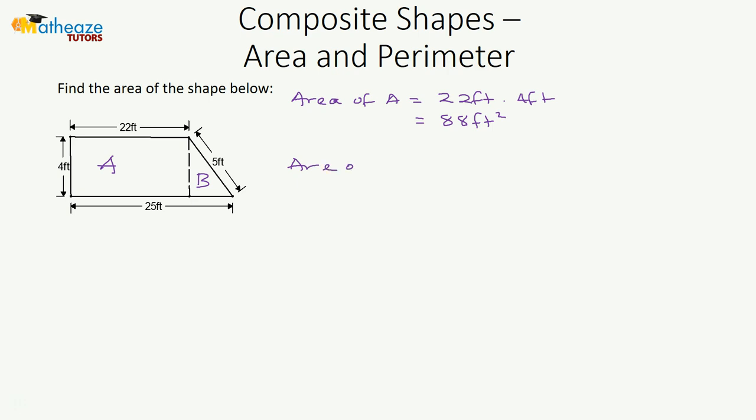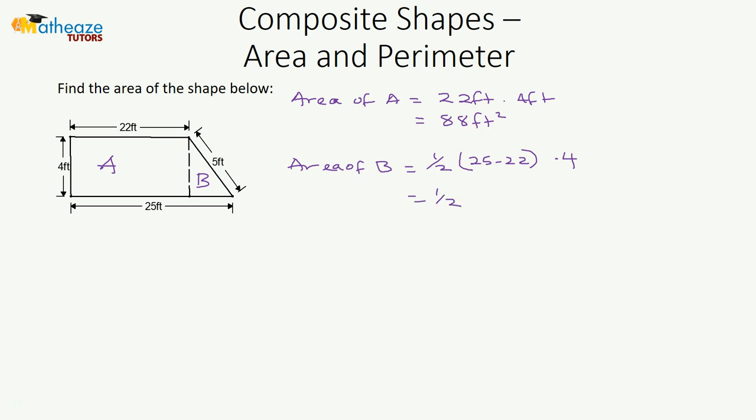Area of B, that is a triangle, so it's going to be half base times height, which is half. Your base is going to be 25 minus 22, and then your height is 4.